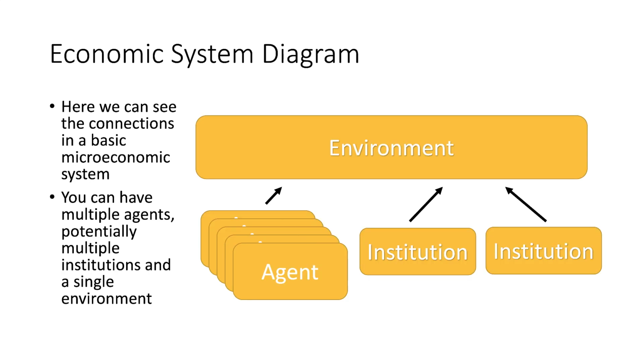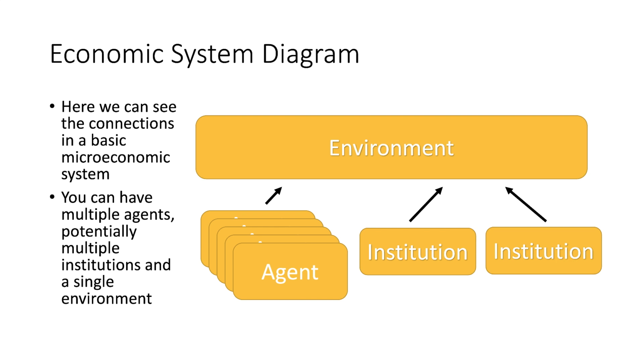Okay, so now what we're going to do here is we have a diagram of an economic system, and obviously it's fairly simplistic, but what you can see are the basic connections inside of a microeconomic system. There's a single environment, but then you can have multiple agents, and you can potentially have multiple institutions.